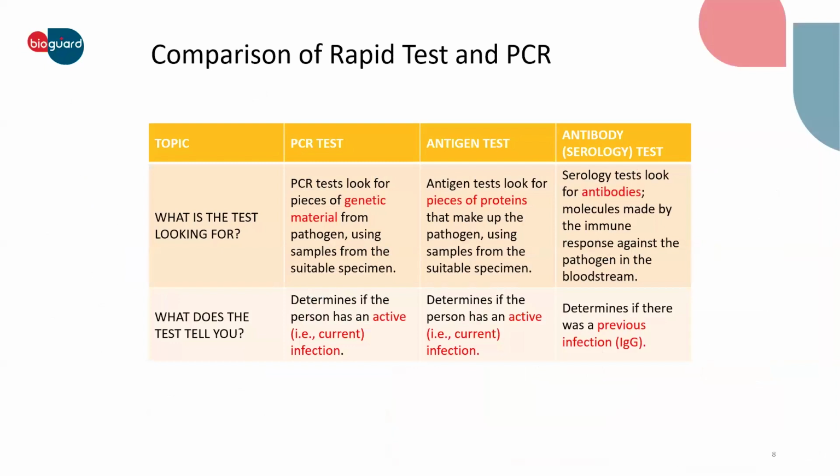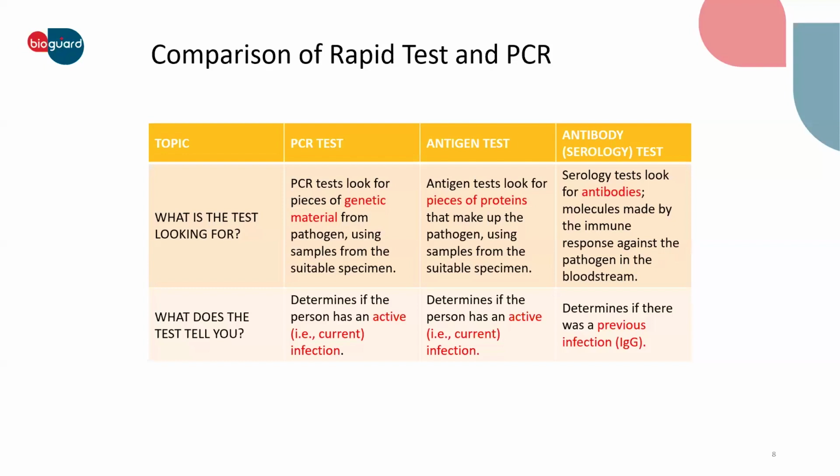If it's an RNA virus like coronavirus, it detects the RNA from the sample. It will tell you if the individual has an active or current infection. An antigen rapid test detects pieces of protein, which is what we call the antigen, in the sample.